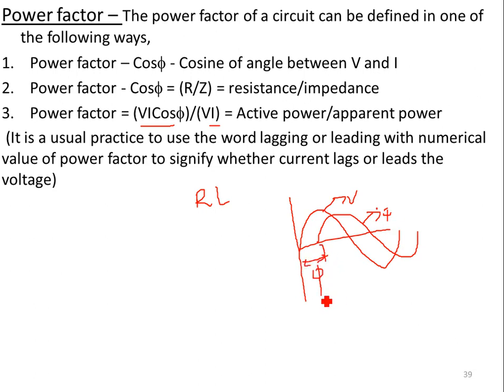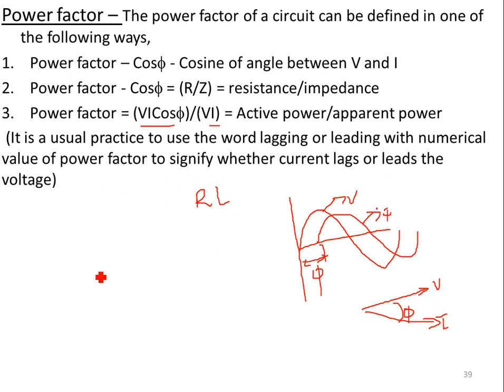If you draw the phasor diagram, voltage is taken as reference and current lags voltage by angle phi. If current is lagging voltage by an angle phi, then power factor is lagging.